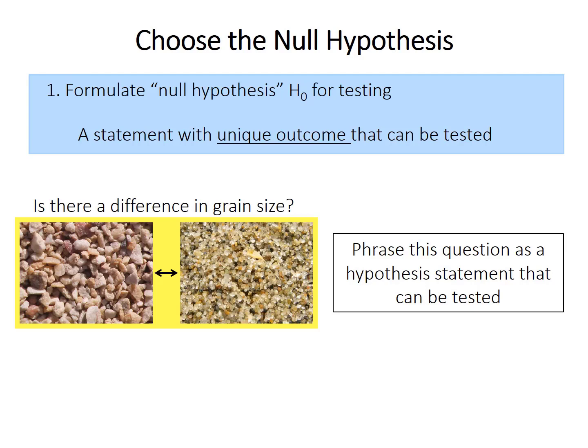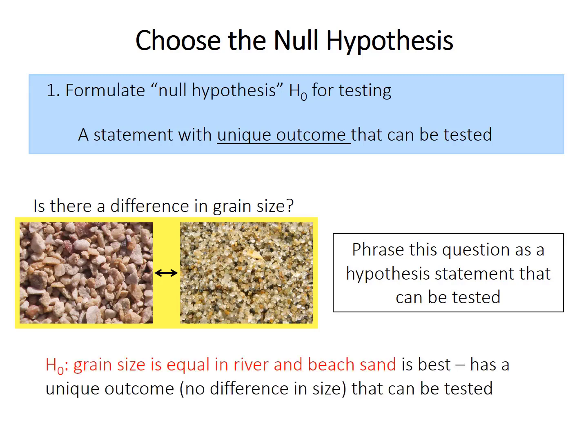In our example here, we want to rephrase the question, is there a difference in the grain size, into a hypothesis statement that only has a single possible outcome that we can test and potentially reject. The most common choice of a null hypothesis is that there is no difference between the groups. For example, we can say grain size is equal in river and beach sand.